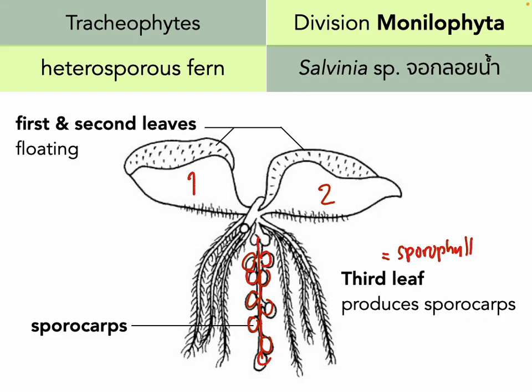And the reason is that this actually helps them balance themselves in the water, so they don't fall over. It's like a balancing act, so they can float. And this is what they look like. And Salvinia, if you look at the leaf here, they have little hairs. The hairs look like this.